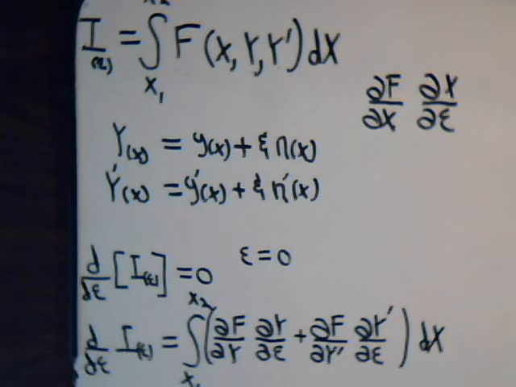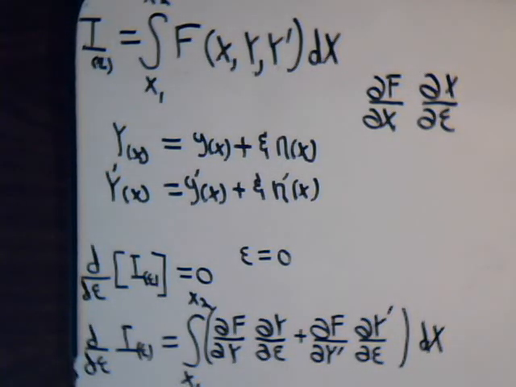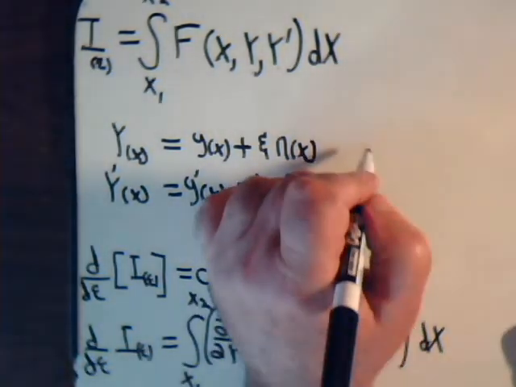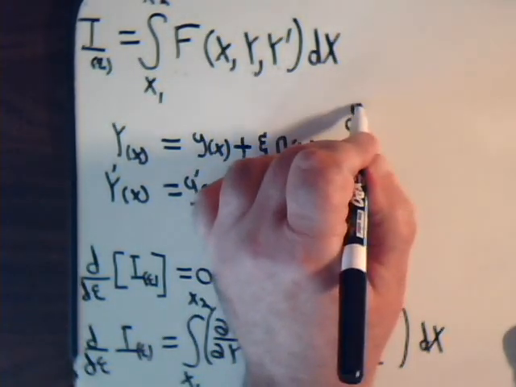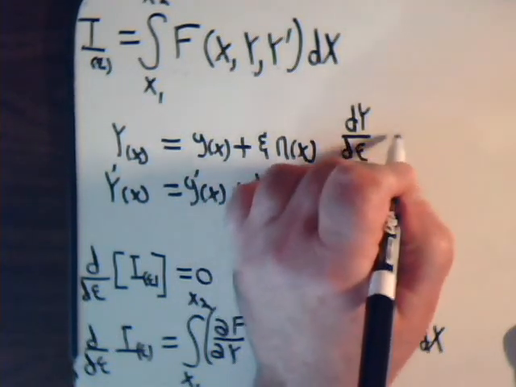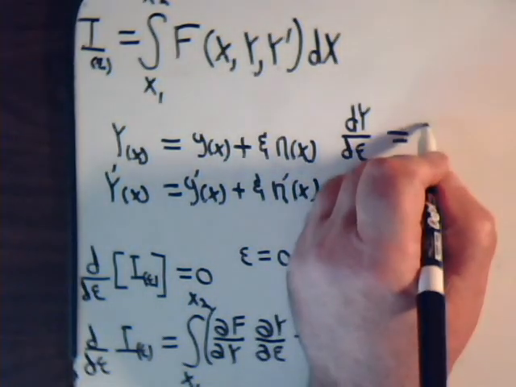And here, this is y. Take the derivative of that with respect to epsilon. Dy d epsilon, that's just going to equal nu of x.